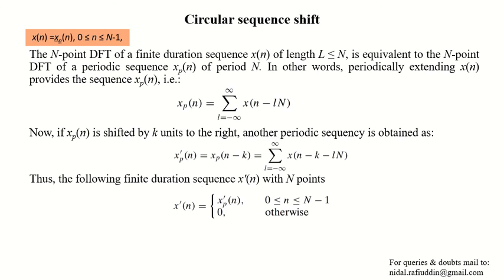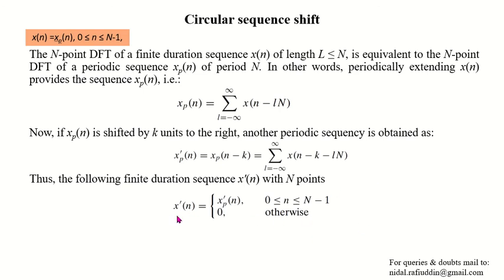So suppose that we have a sequence x'(n), and this is given by xp'(n) for the range where small n is from 0 to N minus 1. Again, this is related to x(n), the original sequence, which had N points.